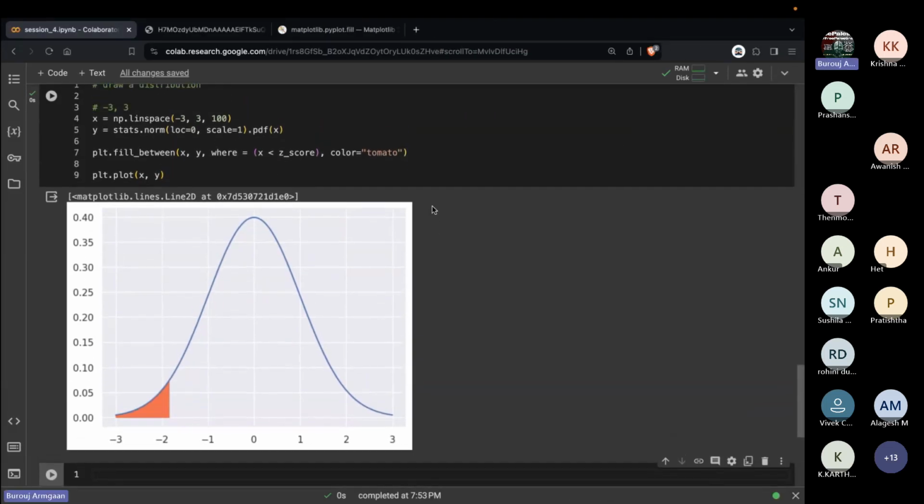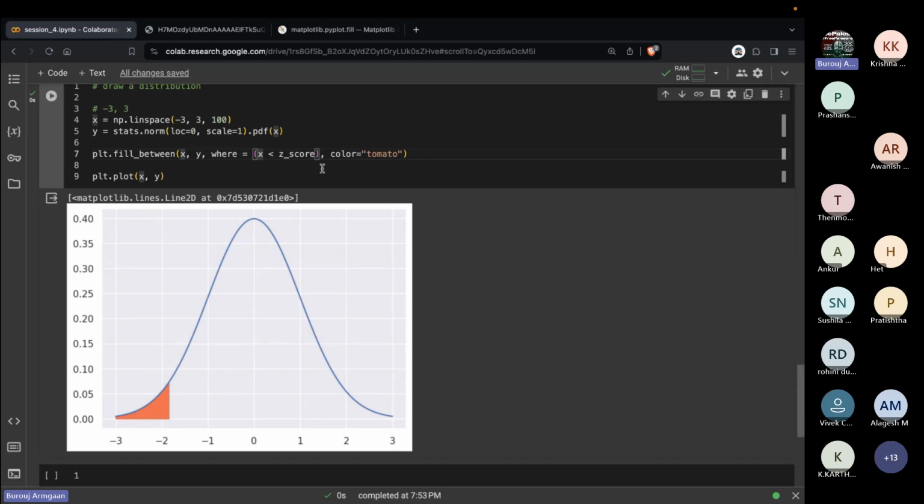Just a heads up, let's say in future you have to fill multiple areas, let's say this thing as well as this thing. You cannot do this. Let's say my z-scores are minus 2 and 2.